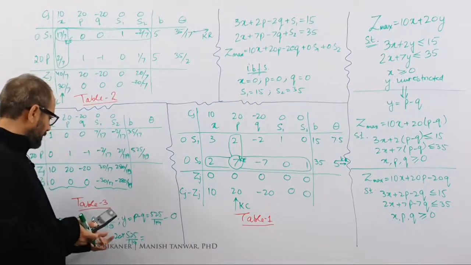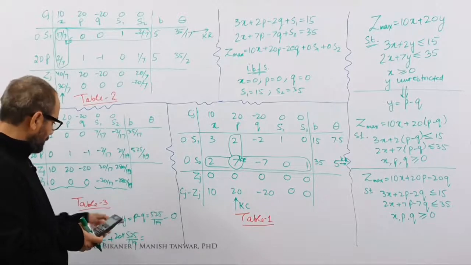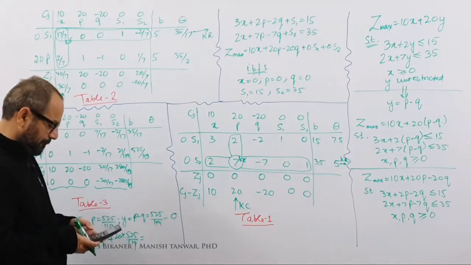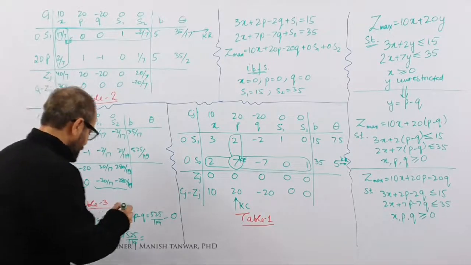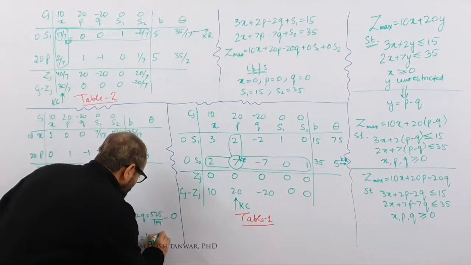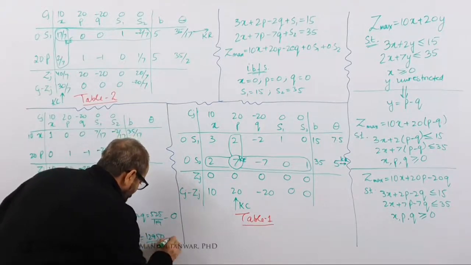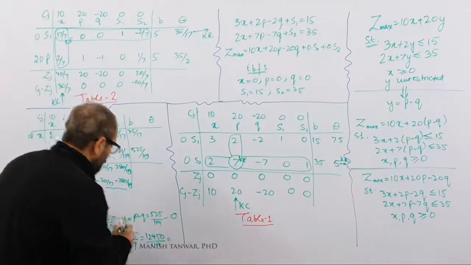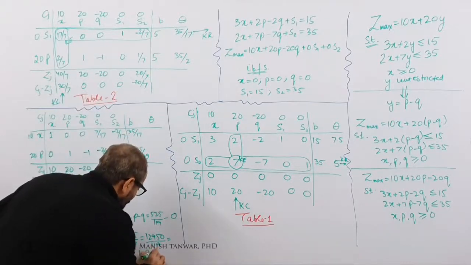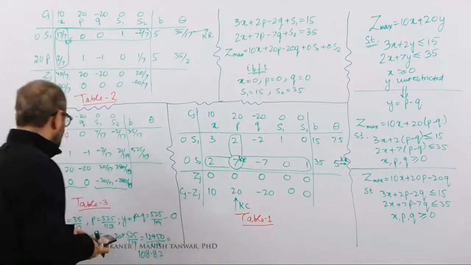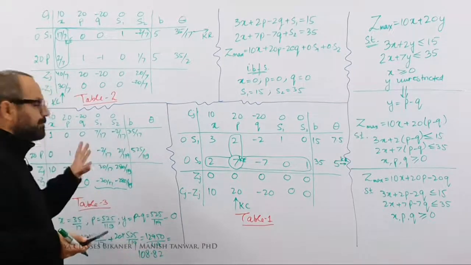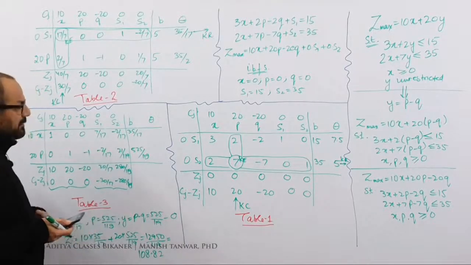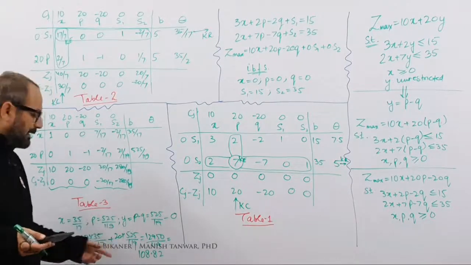So, this becomes 2450 and this one is 525 multiplied by 20. So, total becomes 12,950 upon 119, 108.82. This is the value of Z, which is the maximum possible Z that you can get: 108.82. So, these are my solutions X, Y and Z.